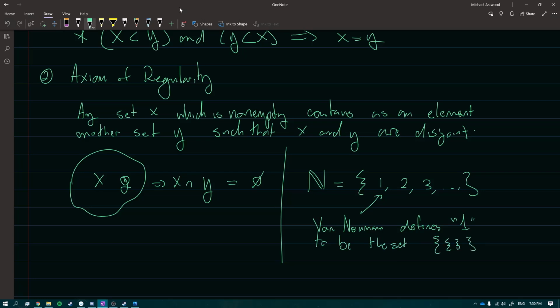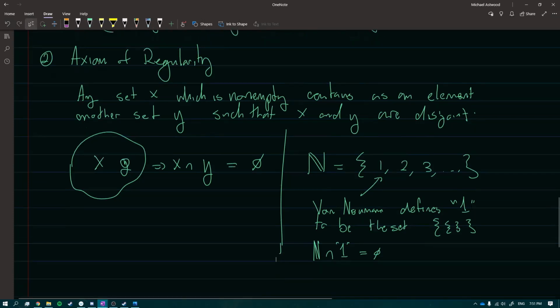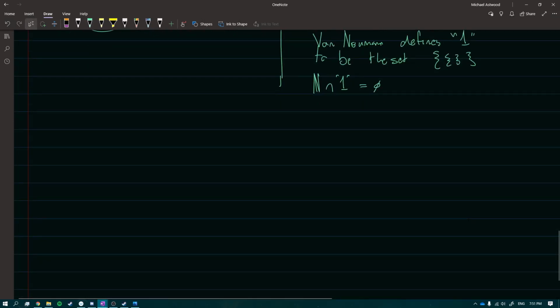So this is called the von Neumann ordinal prescription. So we can see that the natural numbers intersected with 1 as a set is definitely disjoint. Like what could this possibly be? So there's an example.